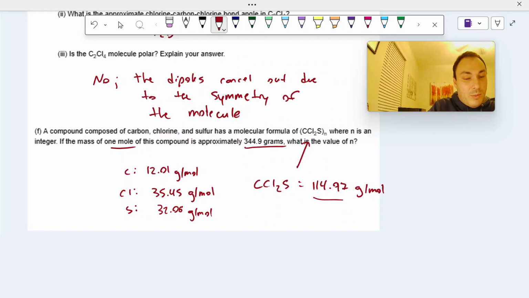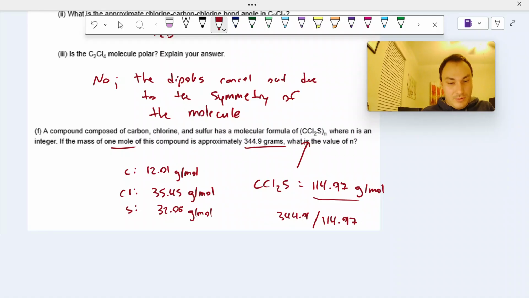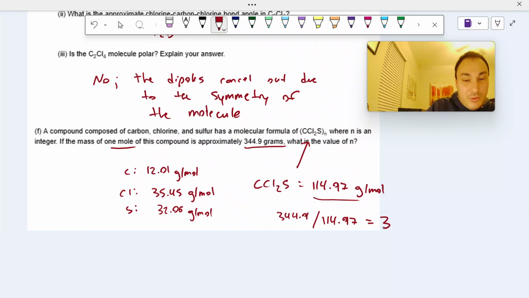This is 114.97, and this is 344.9. Let's take 344.9 and divide that by 114.97. And that is 2.9999, so that's like 3.